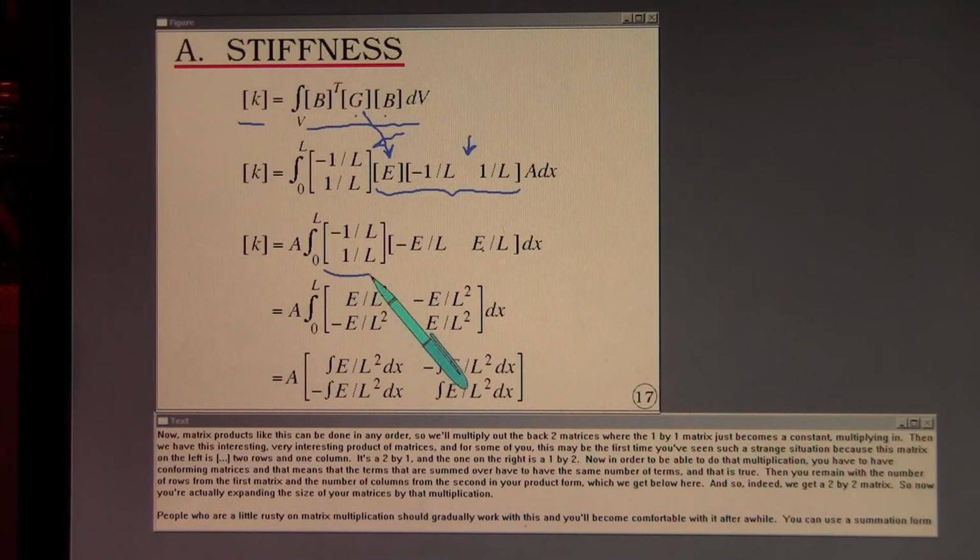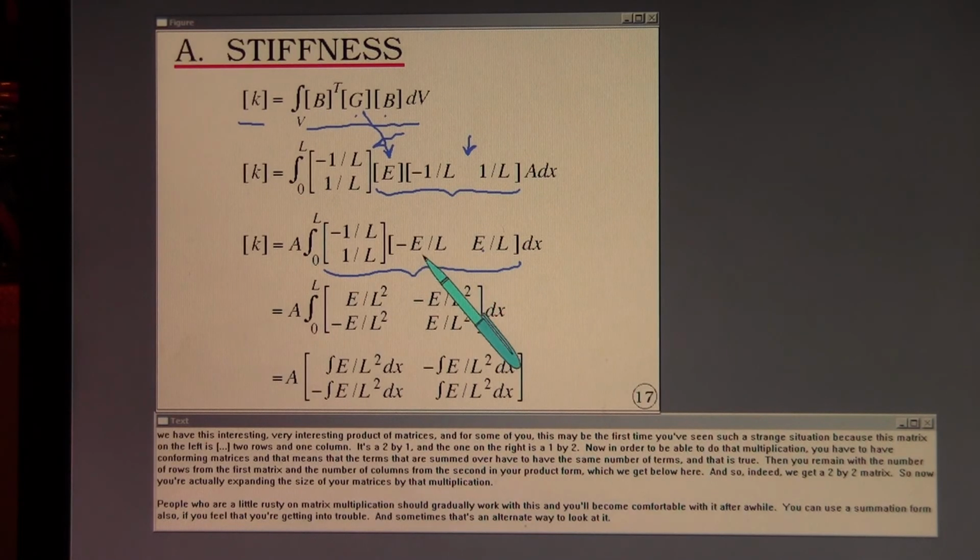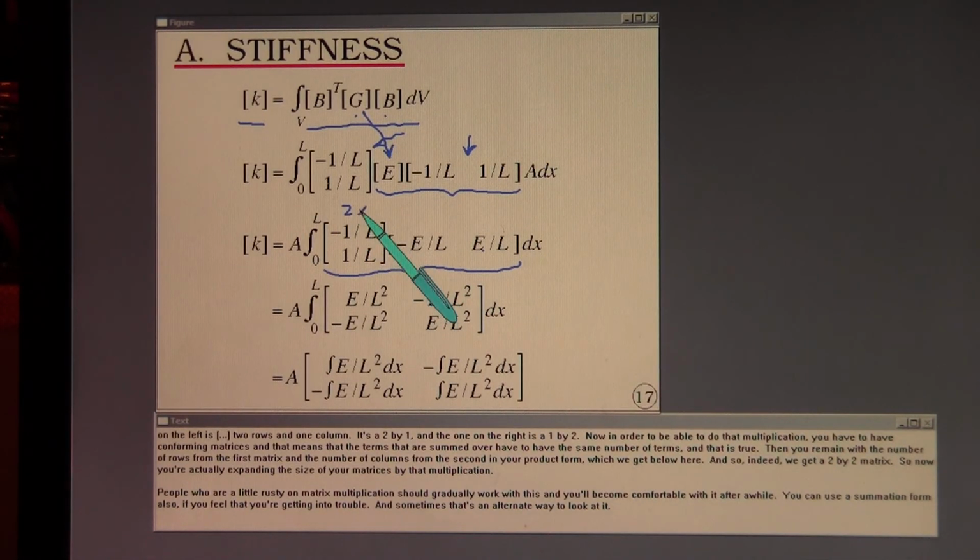Then we have this very interesting product of matrices. And for some of you, this may be the first time you've seen such a strange situation, because this matrix on the left is 2 rows and 1 column. It's a 2 by 1. And the one on the right is a 1 by 2.